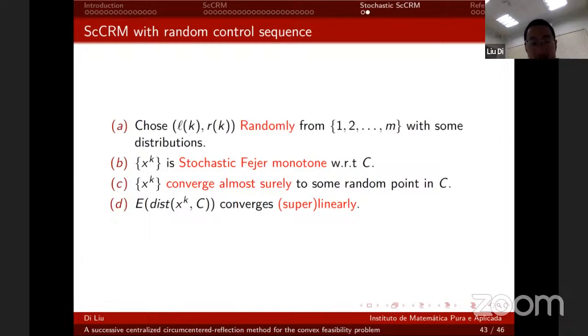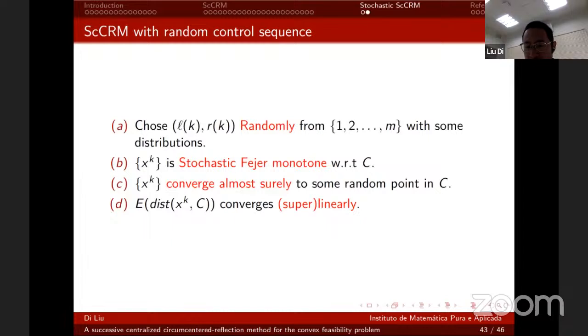And then I got the random sequence xk that is stochastic feature monotone with respect to C. Then we can prove that the sequence converges almost surely to some random point in the intersection. We cannot prove the distance sequence converges linearly, but we can prove the distance sequence with expectation converges linearly and also superlinearly.